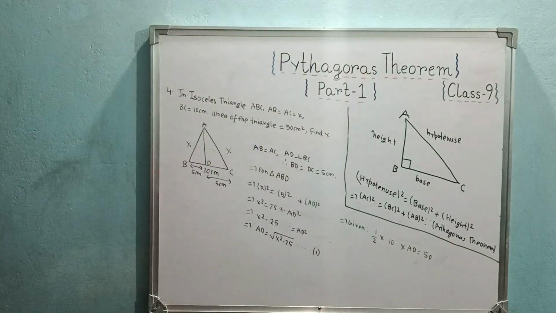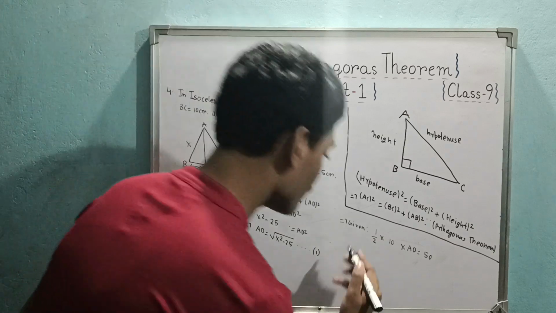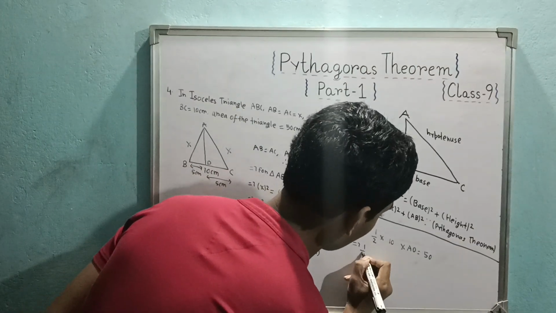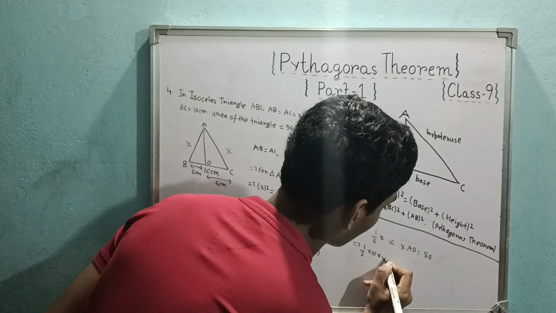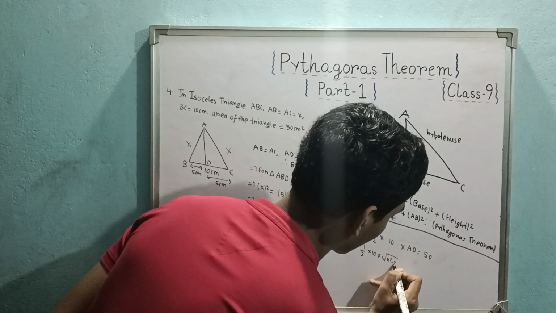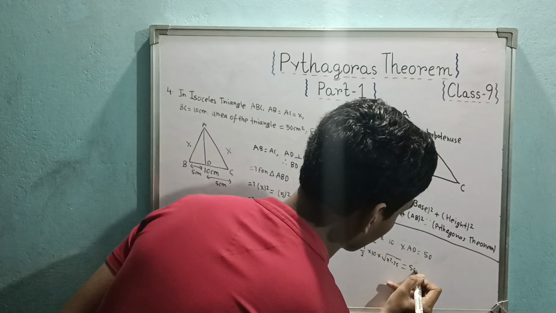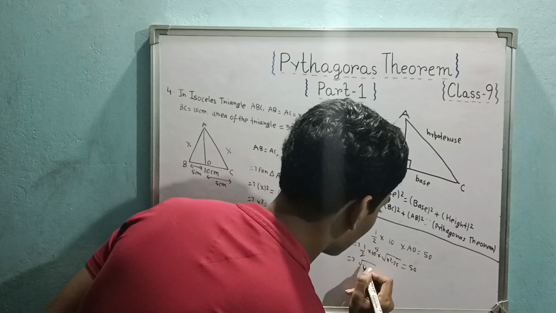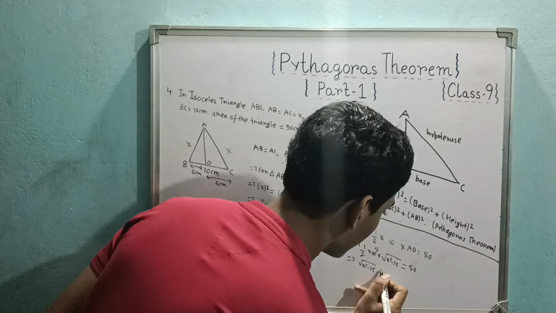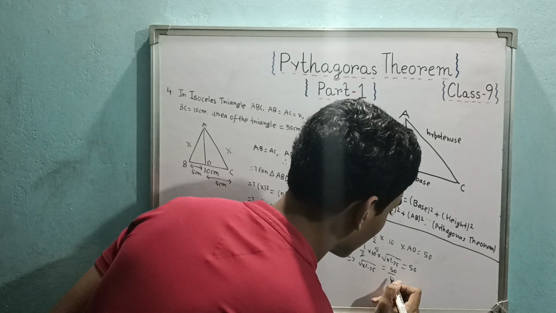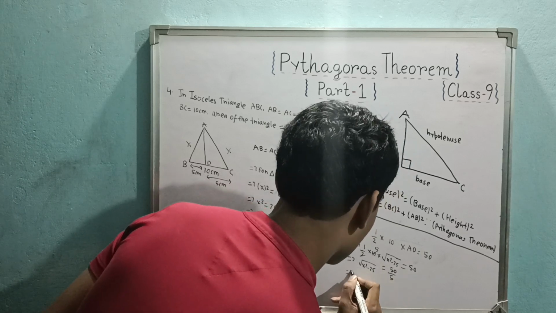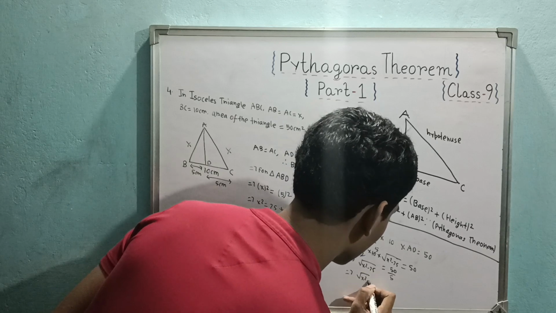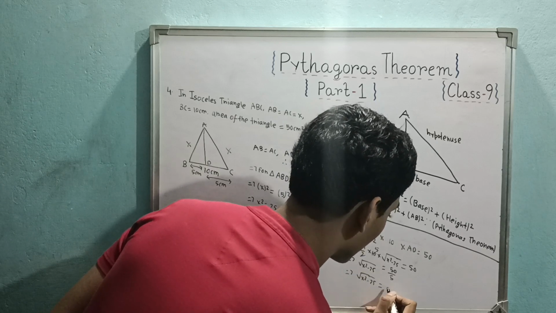Now we have AD as root of x square minus 25, so I will substitute it. Half into 10 into root of x square minus 25 equal to 50. Now simplify, or 5 root of x square minus 25 equal to 50, or root of x square minus 25 equal to 10.